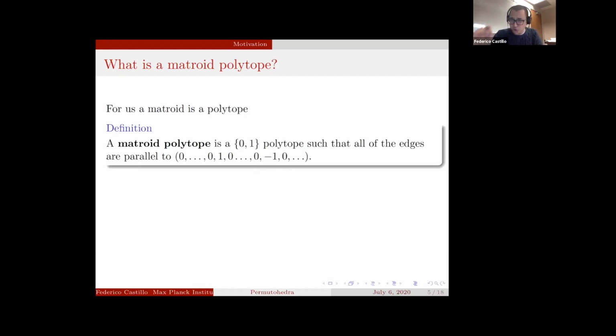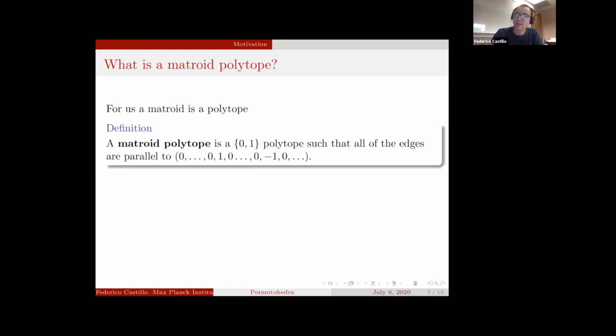So not just integers, but 0-1. And with the extra property that all of the edges of this polytope are parallel to, so the edges are vectors, they are vector directions, one-dimensional vectors, and they all have to be parallel to roots of type A, if you are into that, or simply, another way of saying this, they have a very small support.